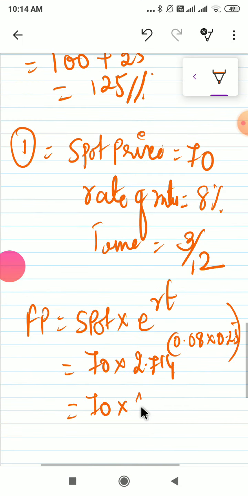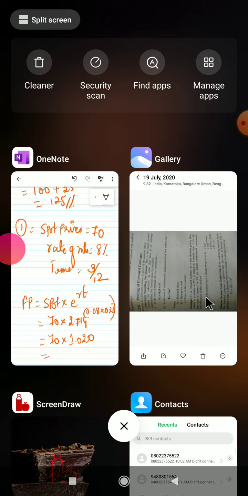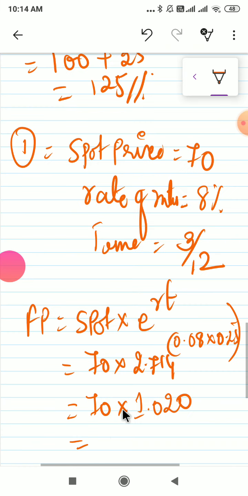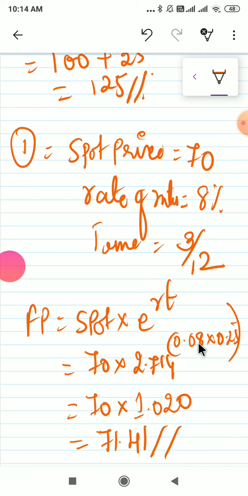When you multiply this by 70, you will get 71.41. So this is how the problem is. You just need to substitute this. If you substitute this, you will get 1.020.